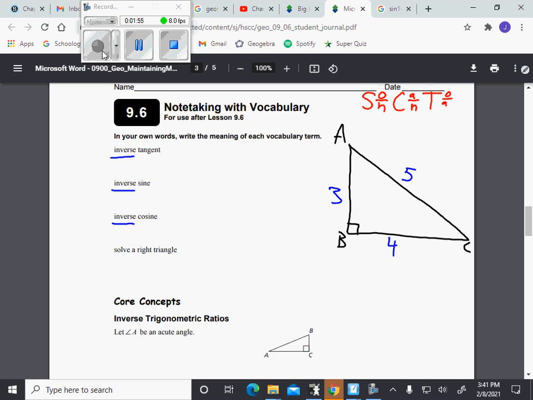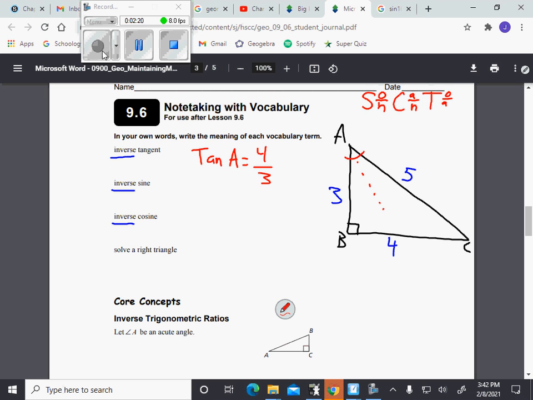I'm going to start with the tangent because that's our first vocab word, inverse tangent. Okay, and I want to find the tangent of A. How do I find the tangent of A? Well, the tangent of A is equal to opposite, which is 4, over adjacent, which is 3.